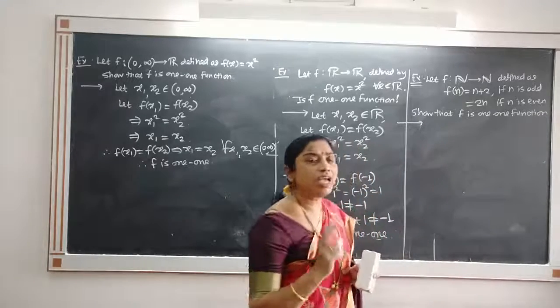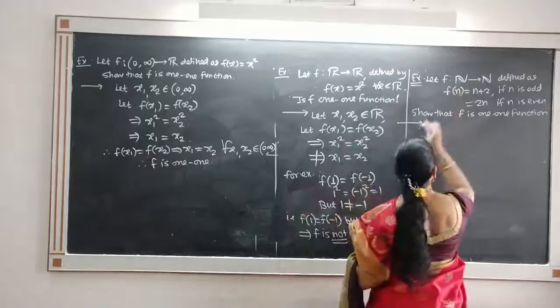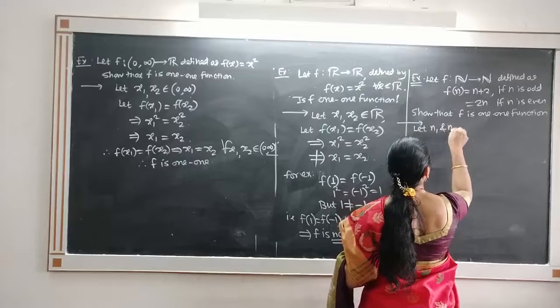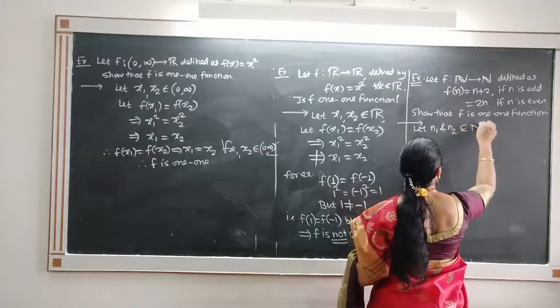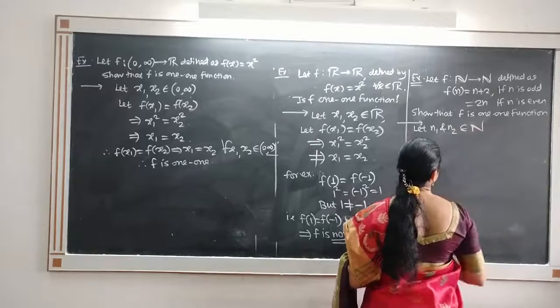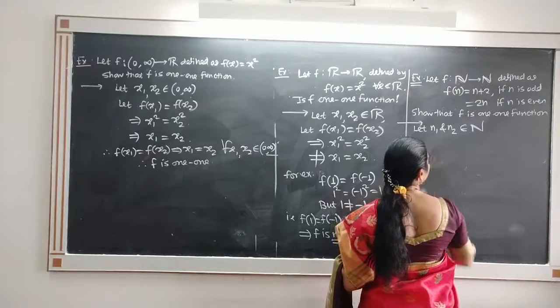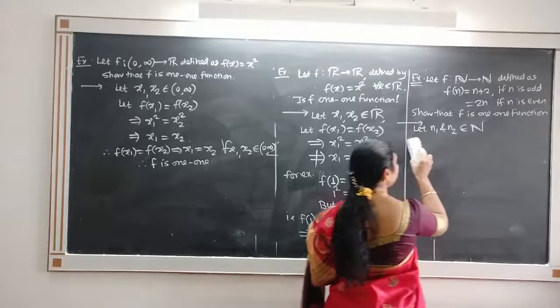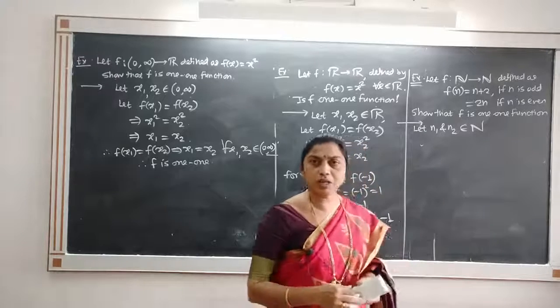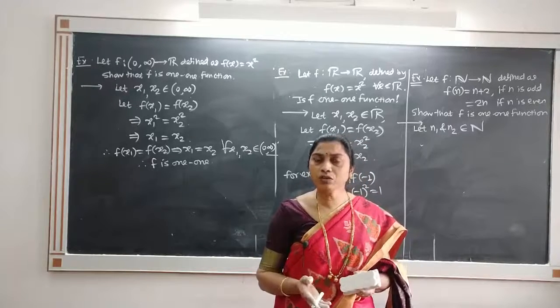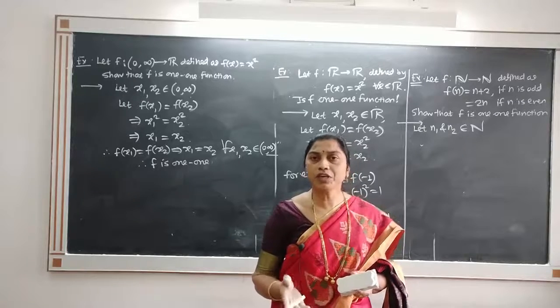So start with any two elements from the domain. Start with n1 and n2 belonging to the domain, that is natural numbers, and let us start with f(n1) = f(n2). Now see, because n1 and n2 are natural numbers, maybe both odd, maybe both even, or one odd, one even.